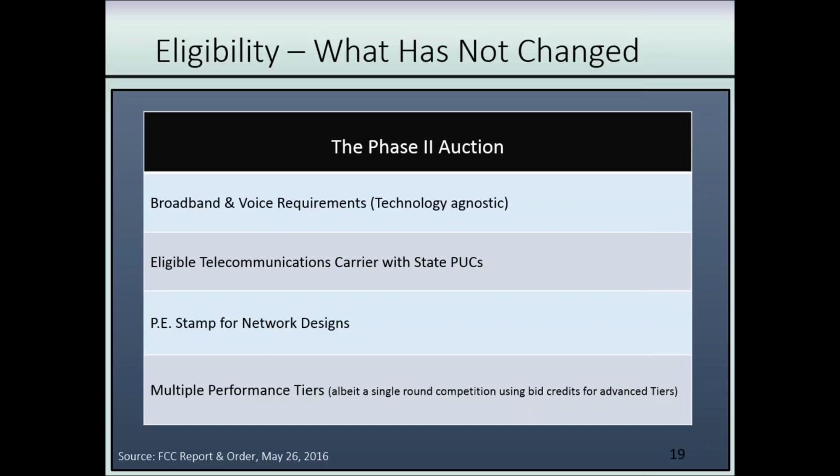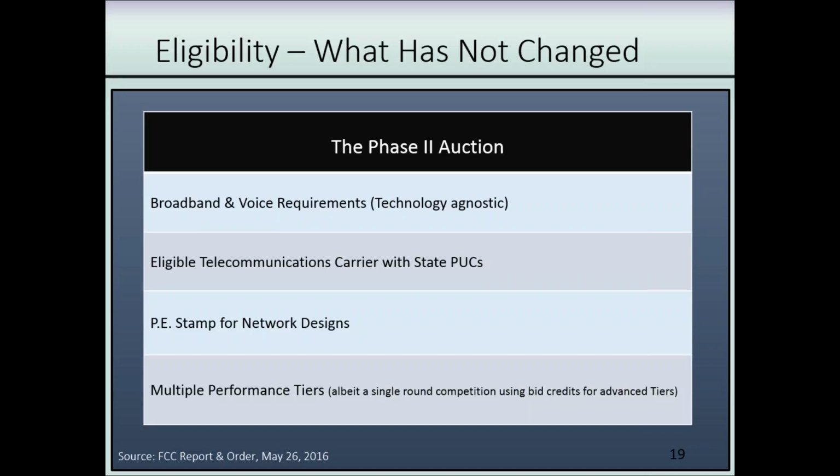There's also a requirement for a professional engineer to stamp the network designs that you are putting forward as your statement that you can meet the eligibility requirements, and that is done typically by an independent, but it has to be a professional engineer that looks it over.